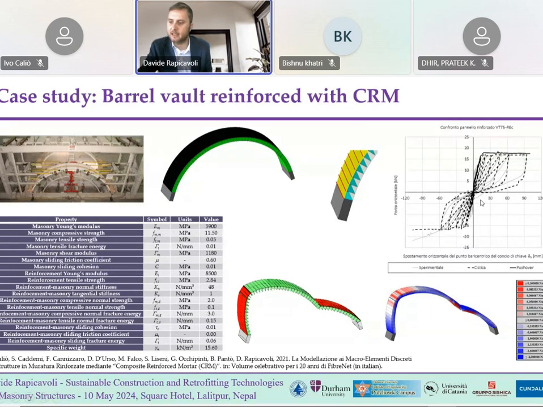As you can see, it's possible to simulate the inelastic cyclic behavior, taking into account also the bonding failures at the interface between the fiber reinforcements and masonry support.